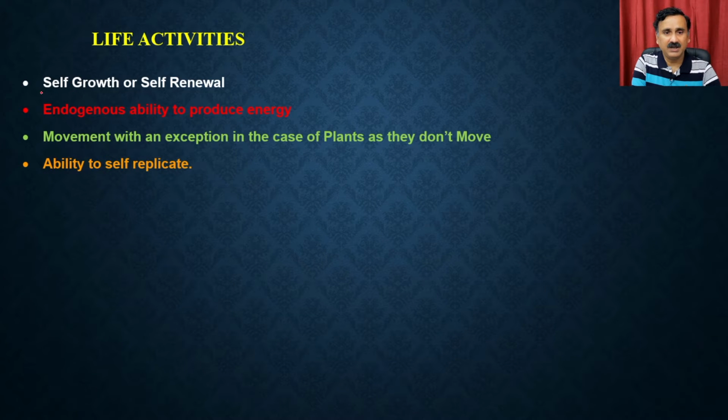It has the ability of self growth or self renewal. It should have an endogenous ability to produce energy. Then it should also have movement from one place to another. In this case, there is an exception that plants do not move from one place to another, although there are plants which do move. And then it should also have the ability to self-regulate.